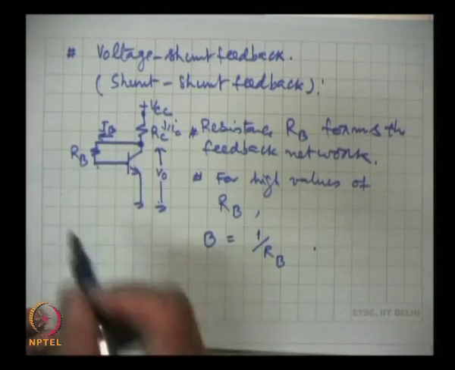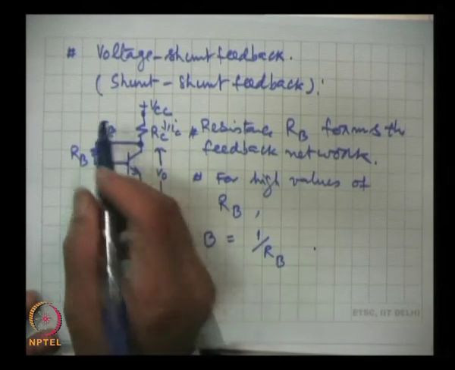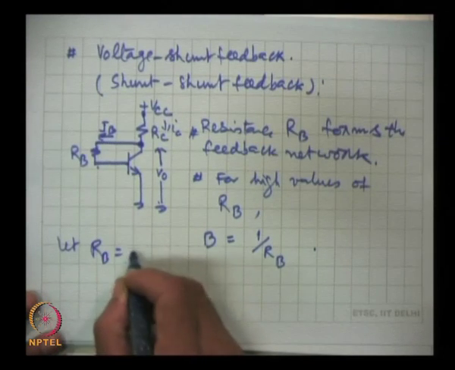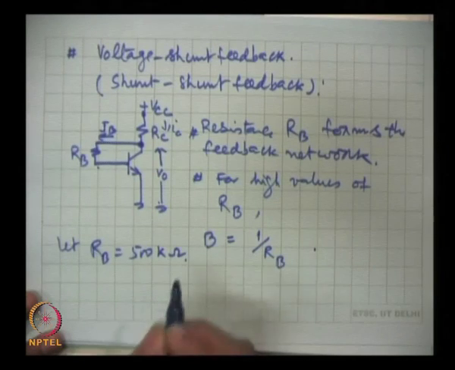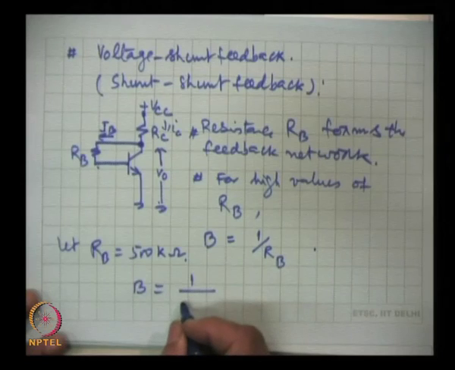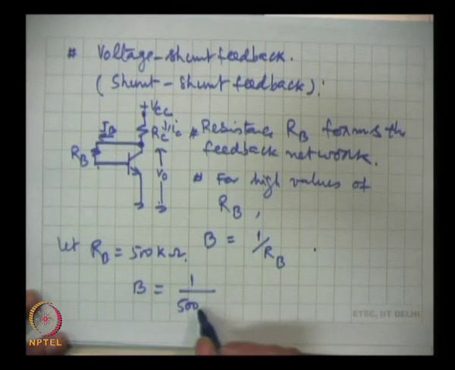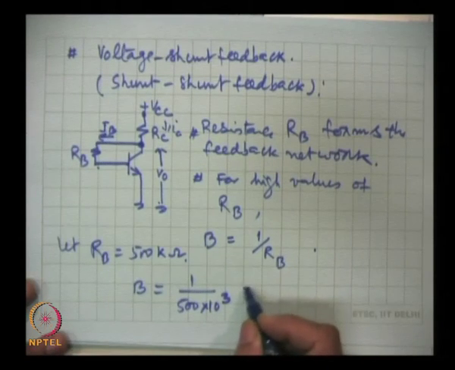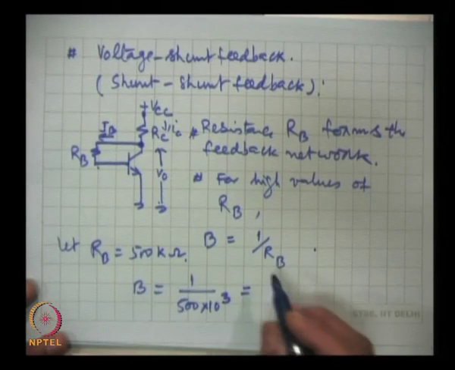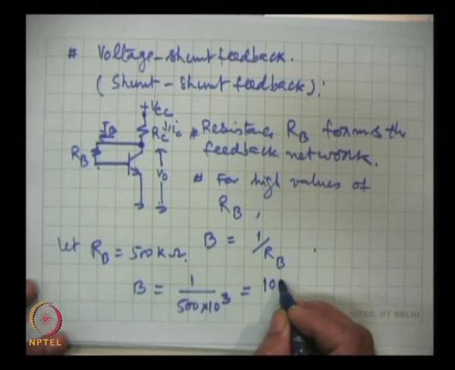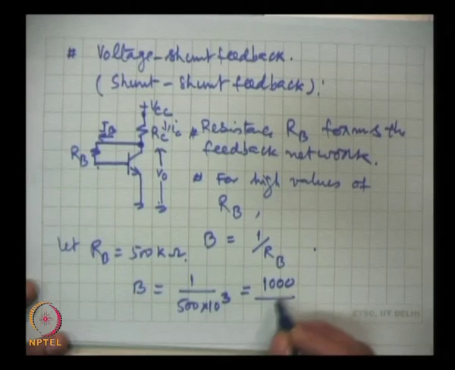So, suppose RB is 500 kilo ohms, then B will be 1 by 500 times 10 to the power 3, which is 1000 by 5, this is 2.